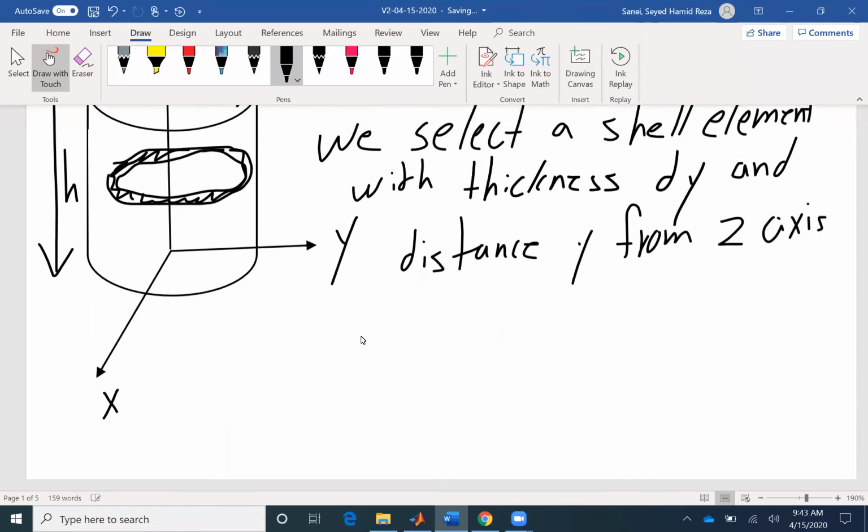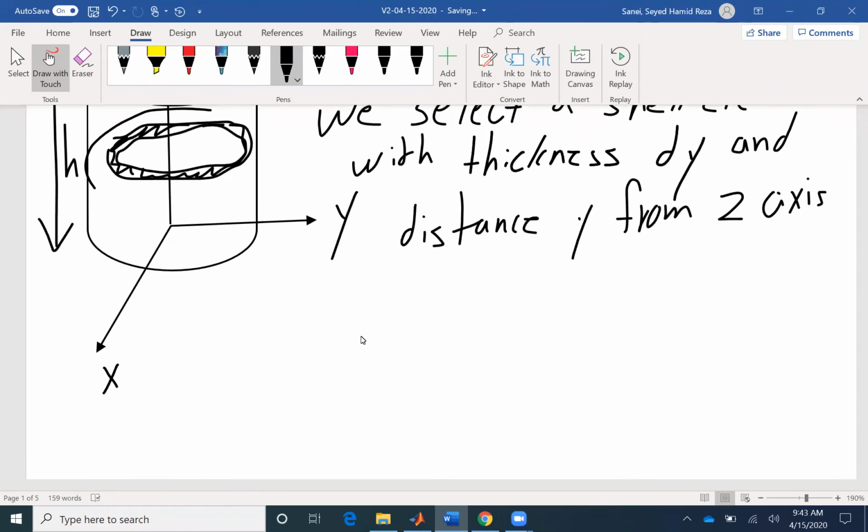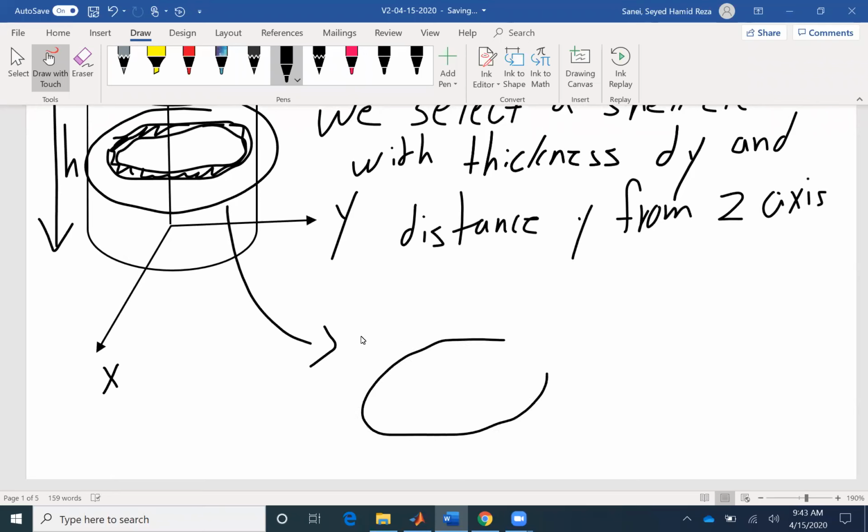If I draw my shell element here, let's draw it better. When we are talking about a shell, we are talking about a thin section. So that's the shell element that I have. And the distance here is y. y is not necessarily equal to r. y could be any value from 0 to r. Also, the thickness is dy.